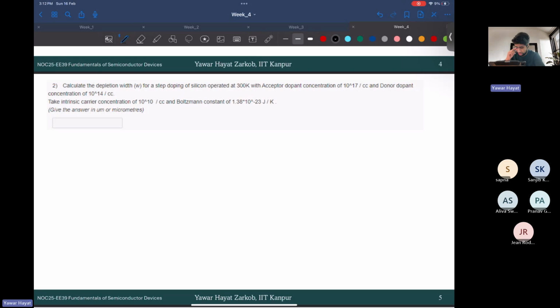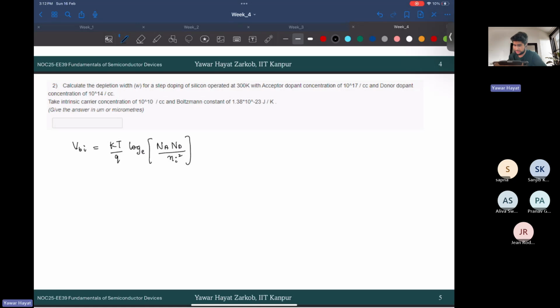See, for a given PN junction, as we saw in the last question, your VBI is kT by q log to the base e of NA ND by ni square, right? And what is xn, the depletion width on the N side of the junction?